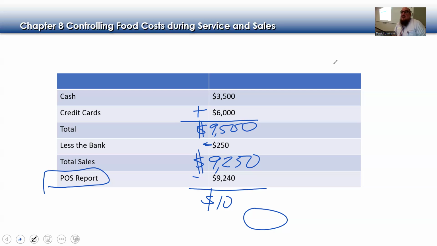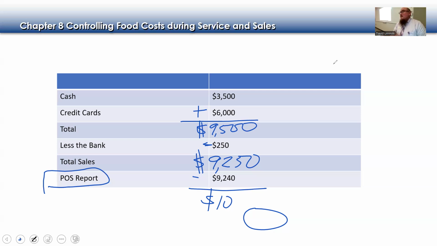Now, maybe it's unintentional. Maybe a guest in their hurry gave us a $10 bill instead of a $1 bill. They thought it was a one, they gave it to us, and we just put it in with the $1 bills. We just take their cash and put it away.